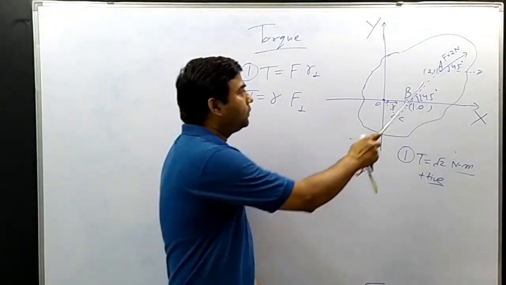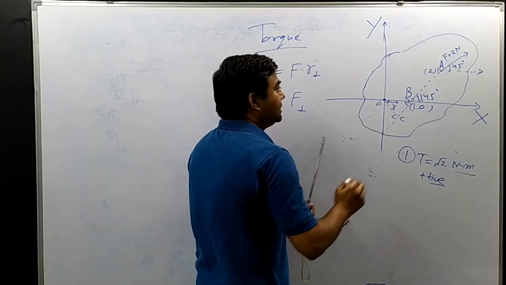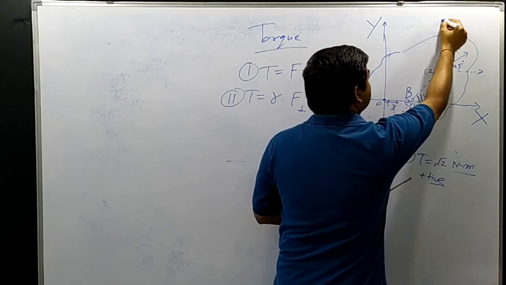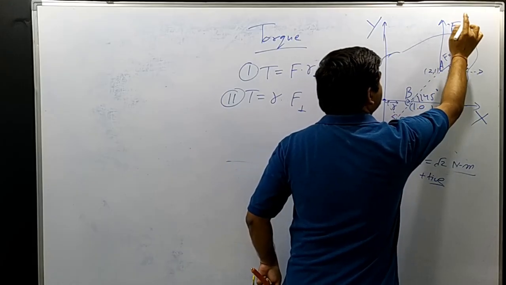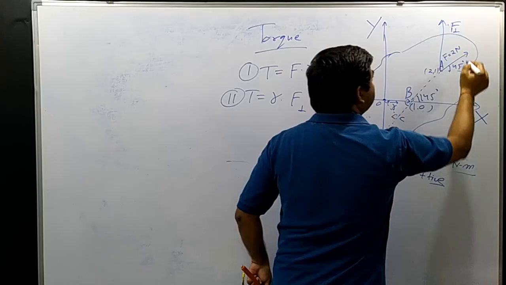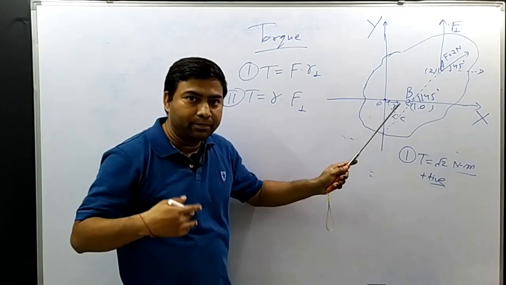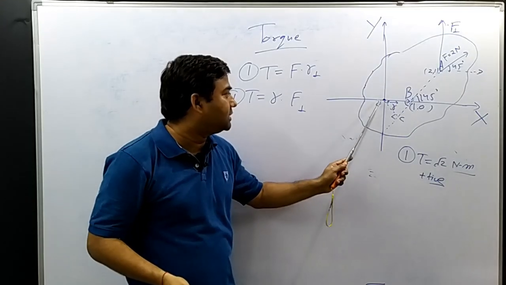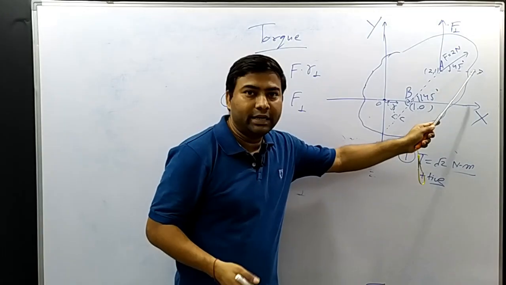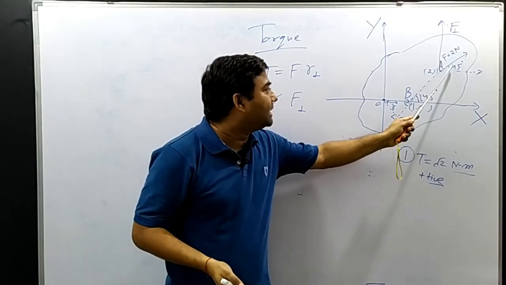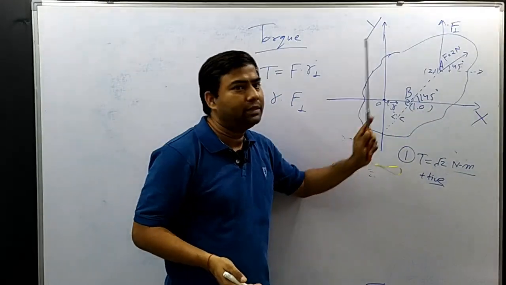So the component of force which is perpendicular to the direction of vector R is this, F perpendicular. So the component of force F perpendicular on vector R, that is vector OB. We have taken the vector OB here. We can assume it. The angle between OB and F is 45 degrees.